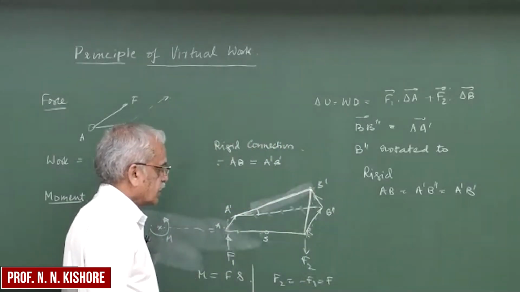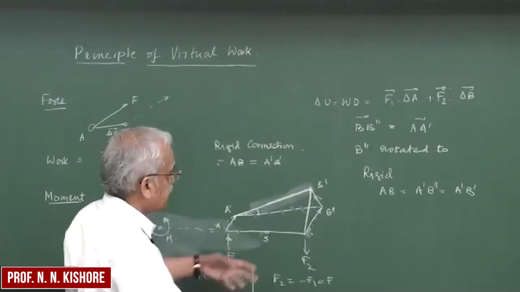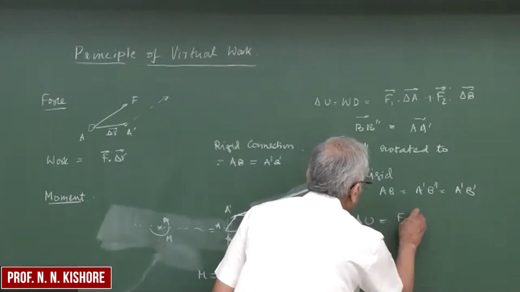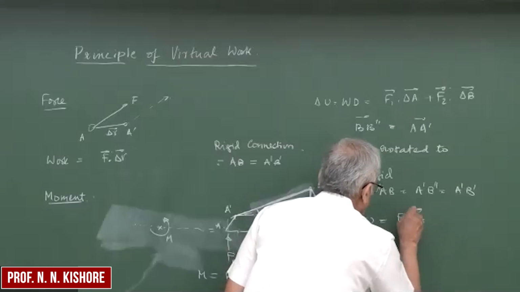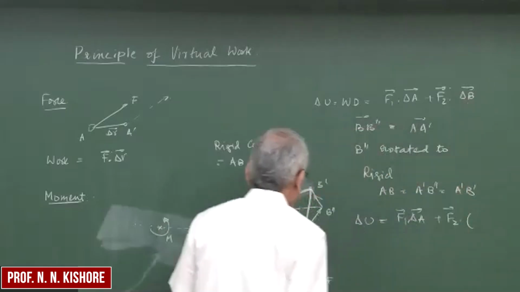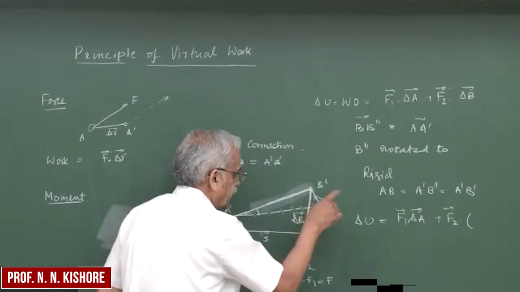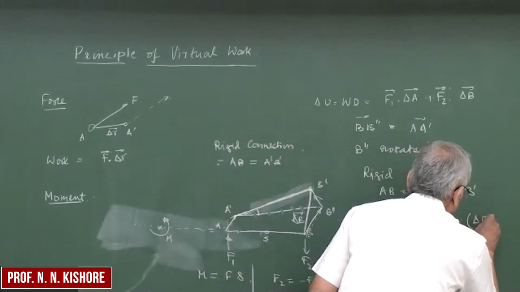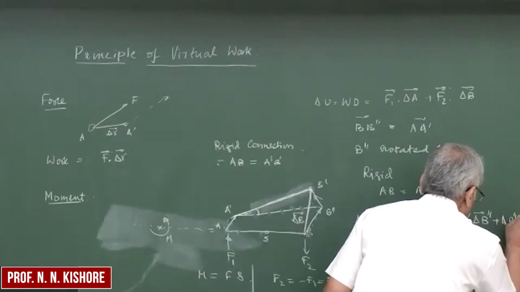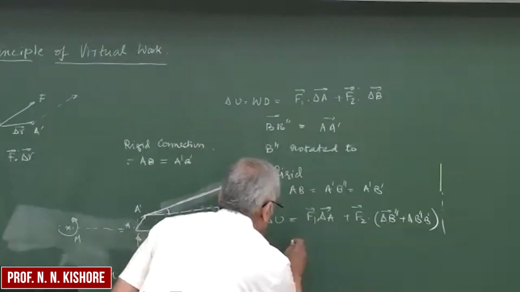So in this connection, the total work can be nicely written as F1 dot delta A, and here F2 dot this delta B, which can be summed up as delta B double prime and delta B double prime B prime. So this is how we write it.